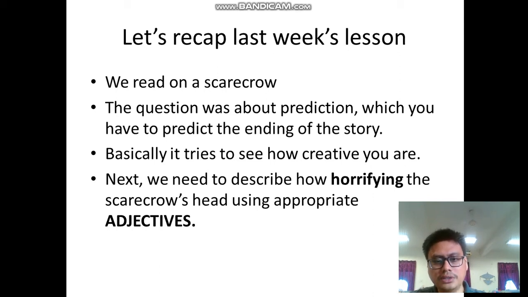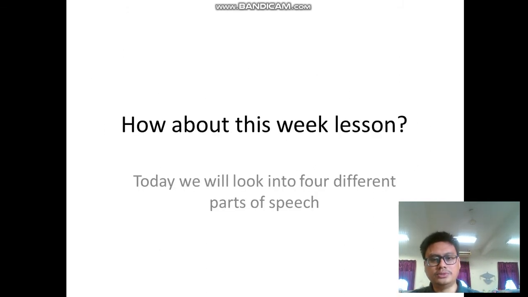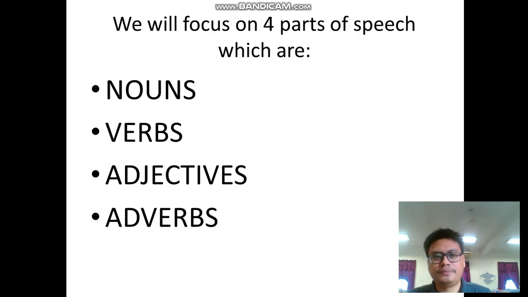Next, we needed to describe how horrifying the scarecrow head was using appropriate adjectives. So this is very important. This is how you maximize the usage of adjectives. So how about this week? As for today, we will look into 4 different parts of speech.